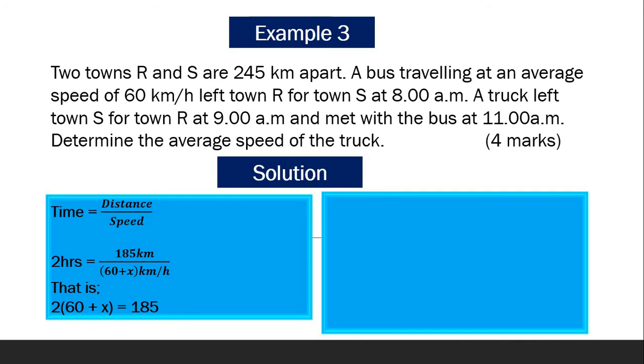That gives us 2 into bracket 60 plus x equals 185. You open the bracket. That gives us 120 plus 2x equals 185. 2x equals 65 and x equals 32.5 kilometers per hour. That is the speed of the truck.